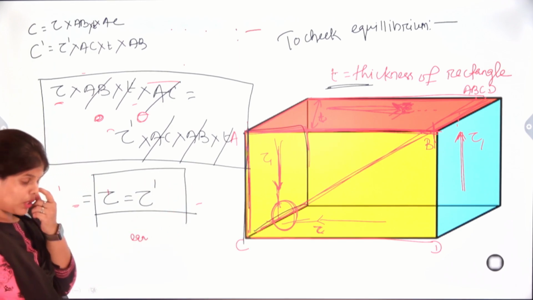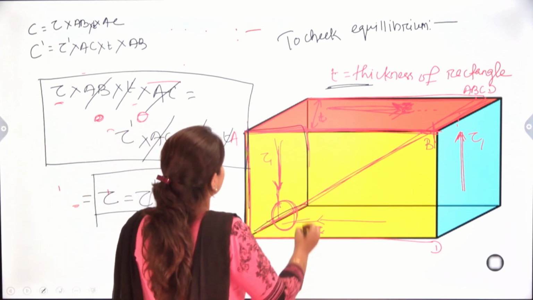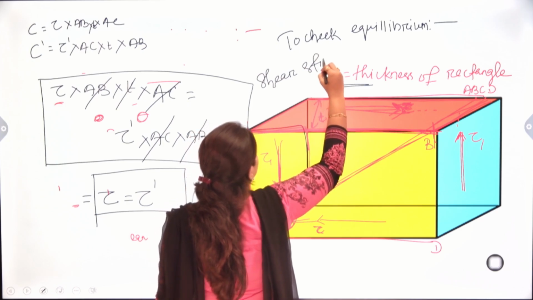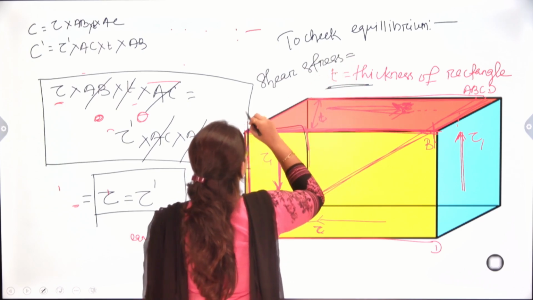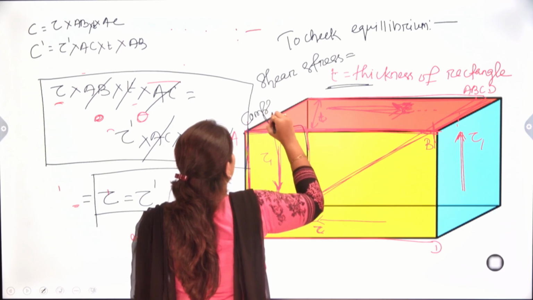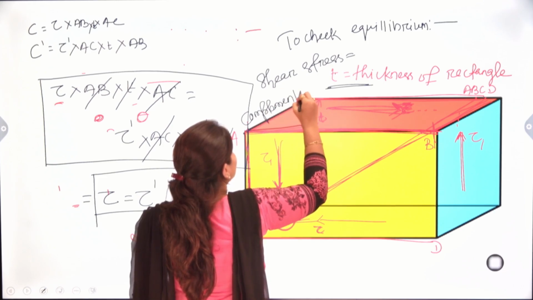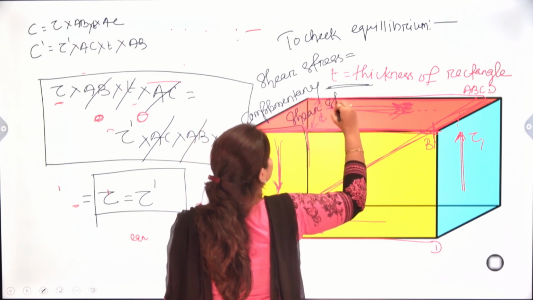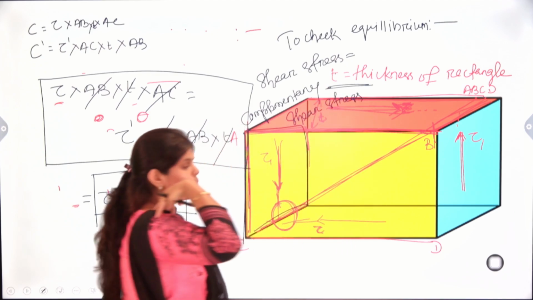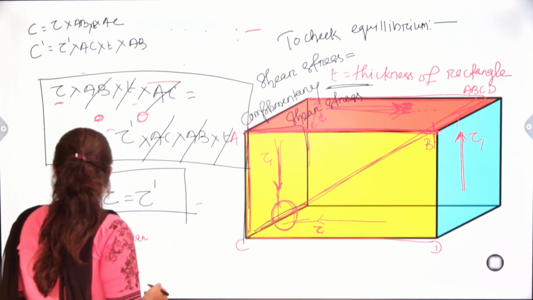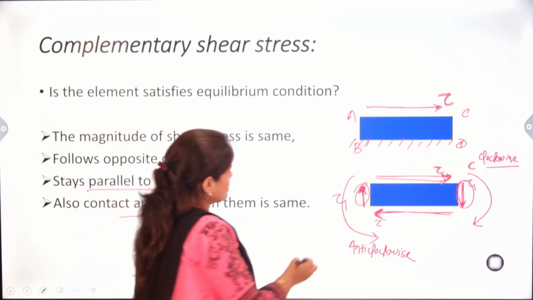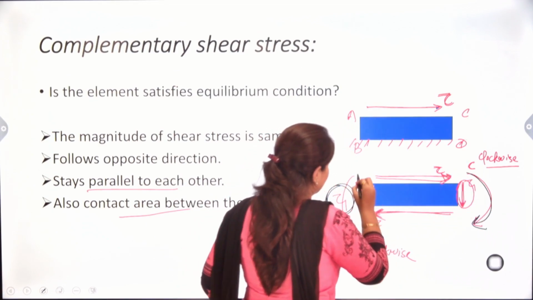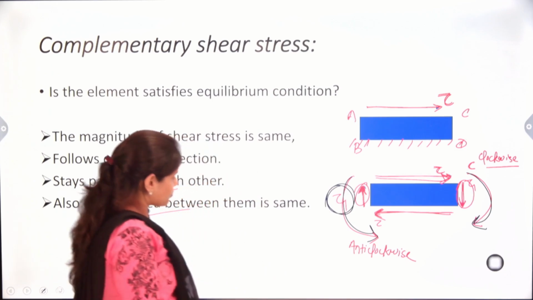Okay, so we can say here that shear stress is equal to complementary shear stress. Complementary shear stress is the tau dash we have for the equilibrium of this couple.